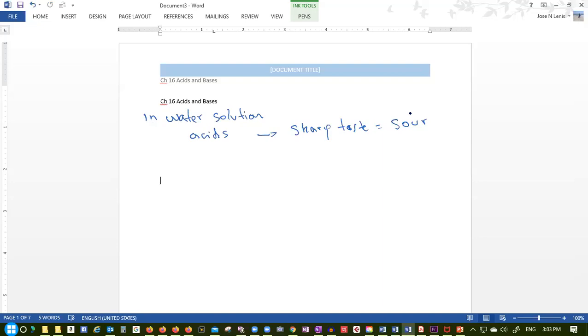That's because of the presence of some weak organic acids, including citric acid. So as a safety precaution, remember, we do not taste chemicals in the lab.